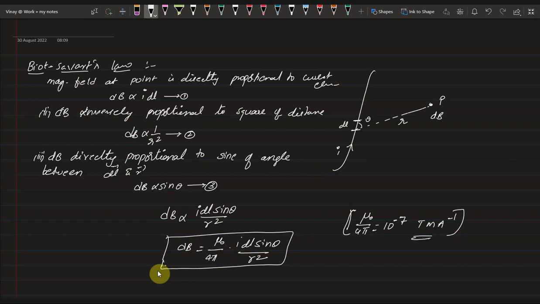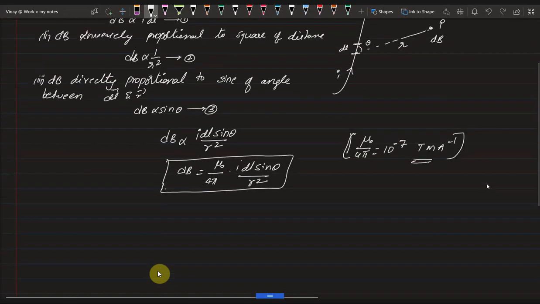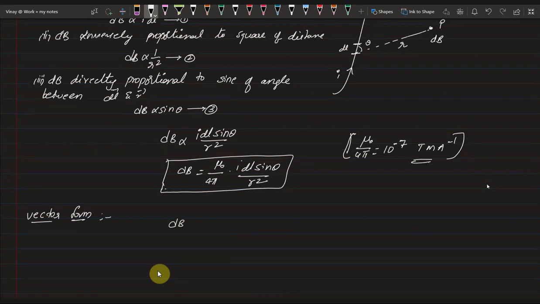Yes, sir. The next point, this Biot-Savart law we can express in vector form also. So dB bar is equal to mu naught by 4 pi into I dl bar cross r bar divided by r cube.